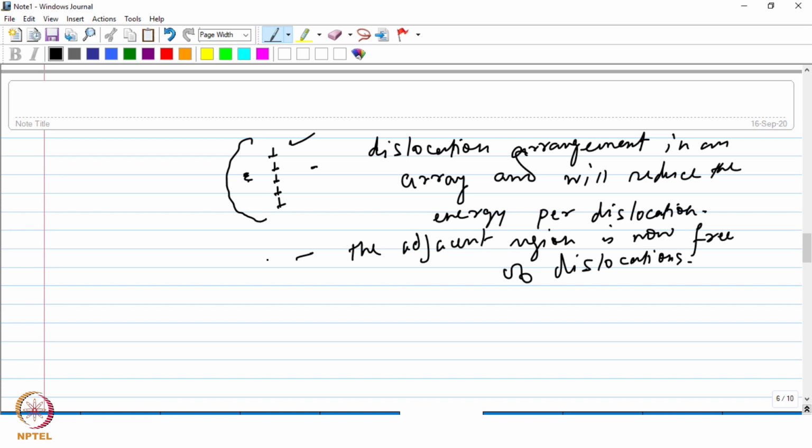So this recovery, as I said, precedes the recrystallization process. Recrystallization, as the name itself suggests, is basically nucleation of new strain-free grains.